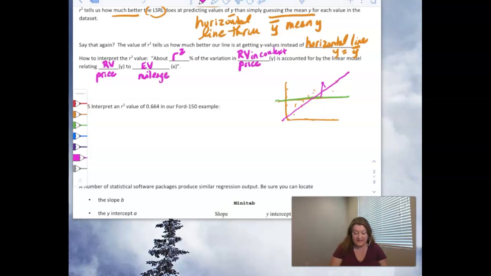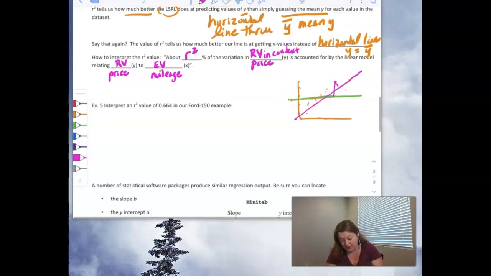So we're basically saying this percent of the wiggle room of the dots is better associated with our least square regression line, the linear model relating our mileage to price, than it is to any other line. This is a phrase that we actually do want you to memorize: this percent of the variation. That's usually your key idea to getting it started.